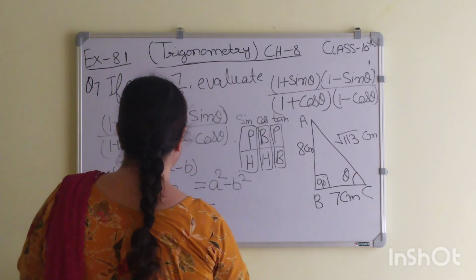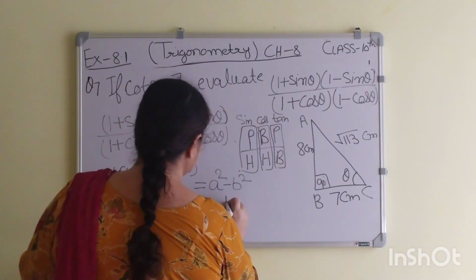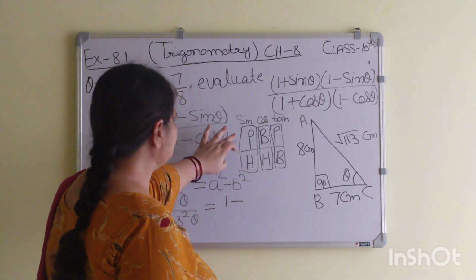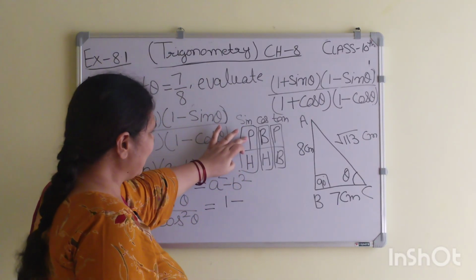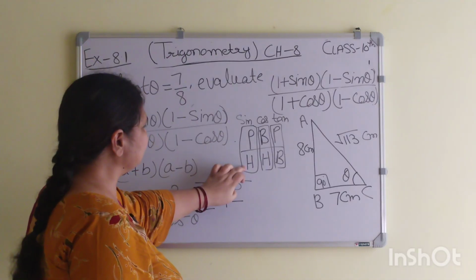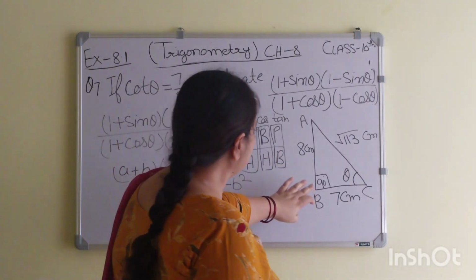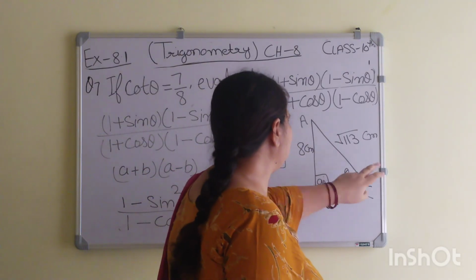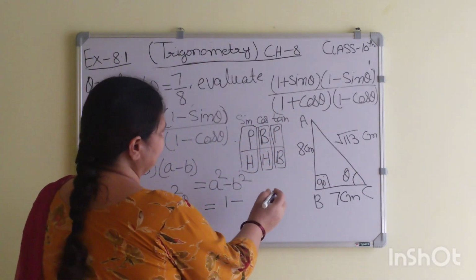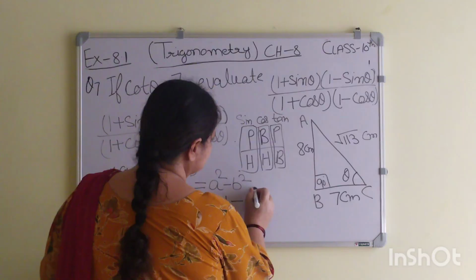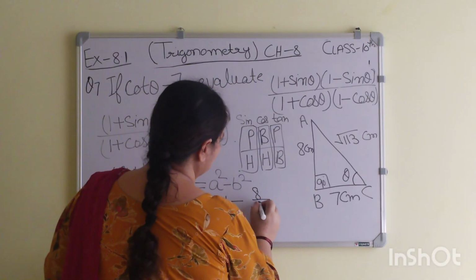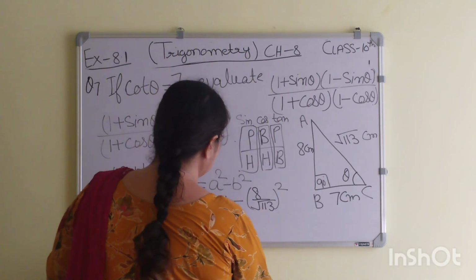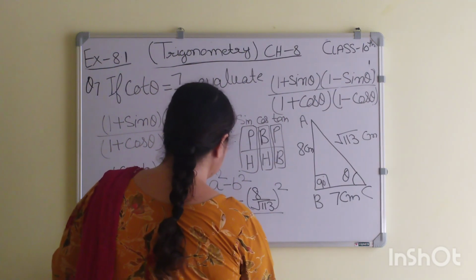Now the value of 1 minus sin square theta. Now the value of sin theta is equal to perpendicular upon hypotenuse. Here this is perpendicular and this is hypotenuse. So we can write 8 upon root 113 whole square, and 1 minus.